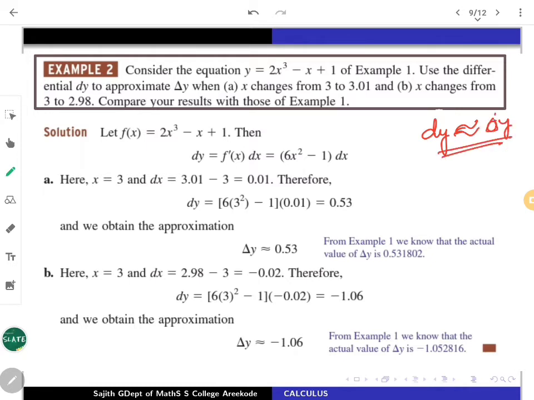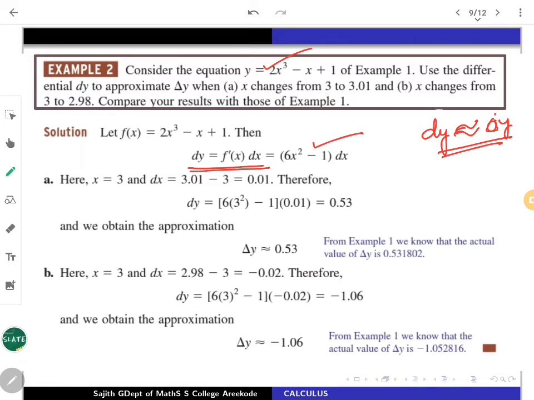How is dy given? dy is f dash x dx. How will you find it? Our y is 2x cubed minus x plus 1. So immediately, using the formula, f dash x is given by 6x squared minus 1. Now, in the first part, we are changing 3 to 3.01.